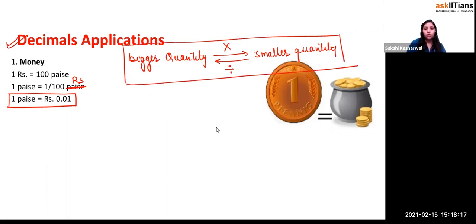Bigger quantity to the smaller quantity, we multiply, and smaller quantity to bigger quantity, we divide. This is the main funda of everything.